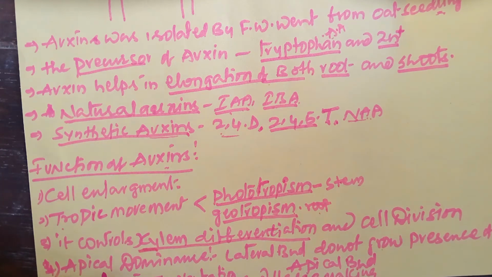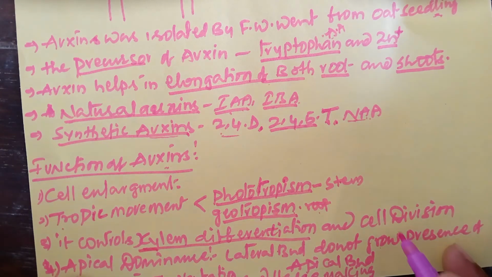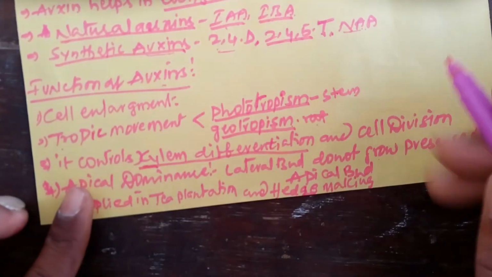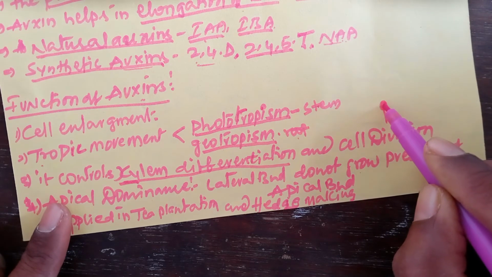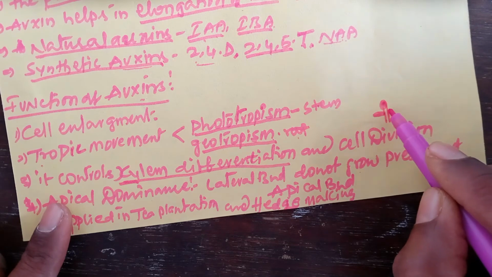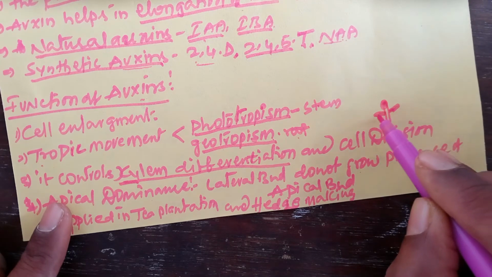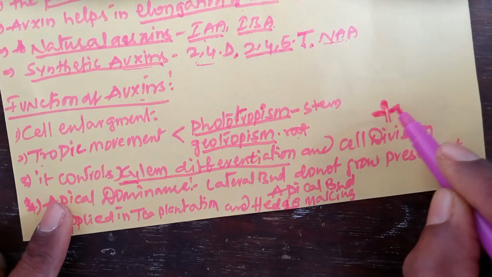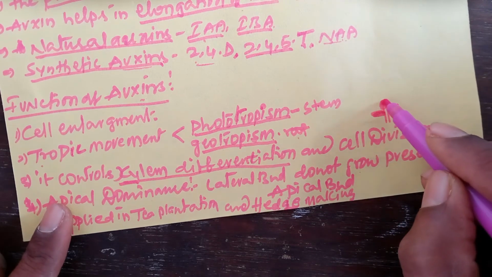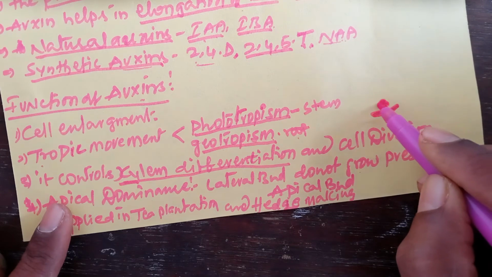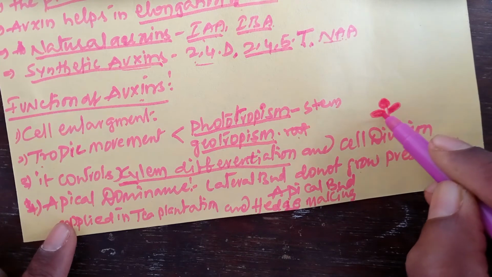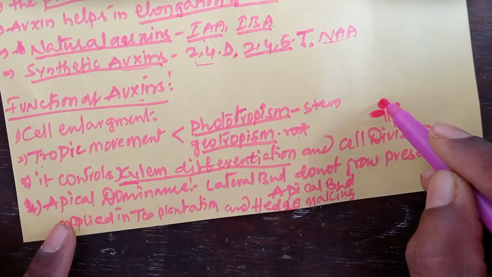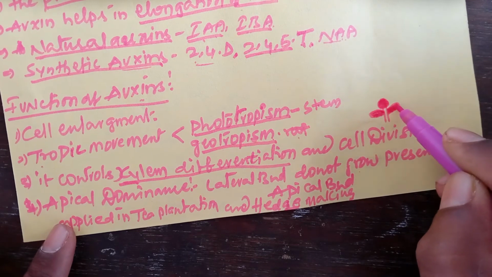The other function of auxin is apical dominance. Apical dominance means, when we observe the tip of the shoot and the lateral buds, these lateral buds do not grow because of the presence of the apical bud. It means the apical bud does not help the lateral buds to grow. Whenever the apical bud is present, the lateral buds do not grow.